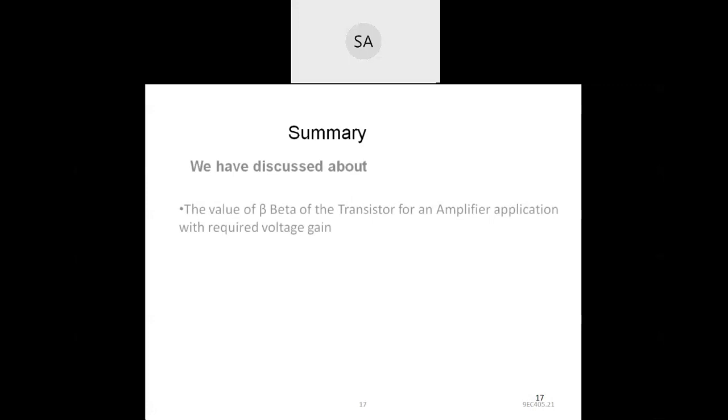Whatever is given for the transistor, say alpha, beta, gamma, we can find the value of beta, or if any other parameters are given, by using the available equations for the common emitter, common base or common collector configurations. Not only beta, we can find alpha and gamma also, and select the transistors for given specifications. We can identify that depending on the number.